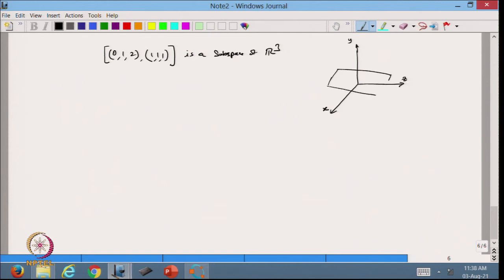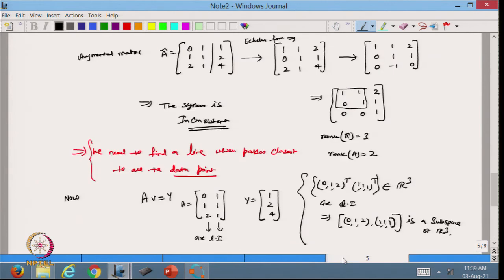I just make a plane here. So, suppose this is a subspace made up of these vectors, because it will be a plane. Now, I know that this system is inconsistent, which implies that this vector y, 1, 2, 4, does not lie in the column space of the matrix A. It means this vector 1, 2, 4.